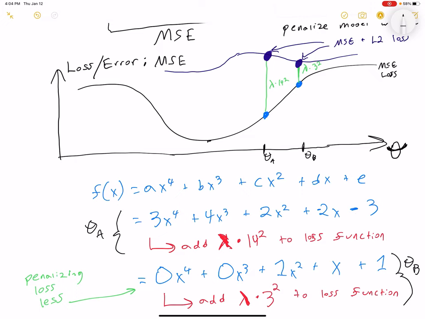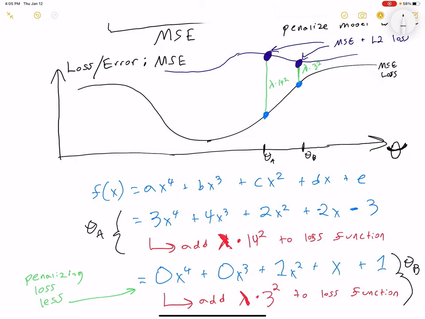But if you change the line of the MSE, then wouldn't you change the minimum? I thought the whole point was to find the minimum of it. What you said in the last lecture as well, to find that minimum, right? Right. So in the MSE plus L2, that point is lower.